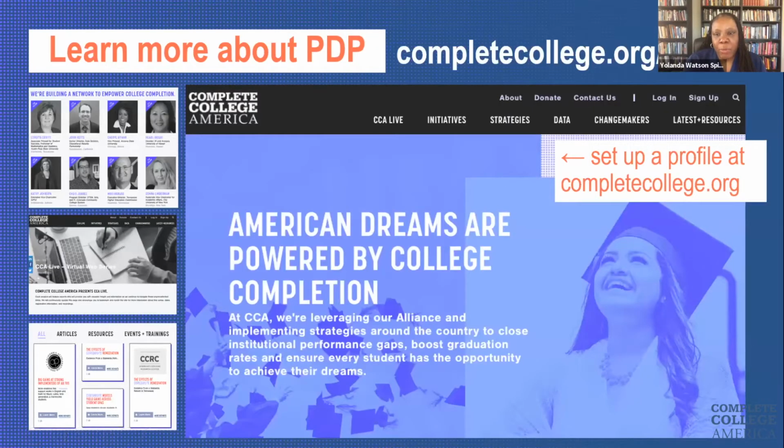So if you want to learn more about the PDP, feel free to join us at completecollege.org/PDP. And if you set up a profile at completecollege.org, it will allow you to get access to all sorts of tools. We have lots of free tools and information that are on the CCA website. The profile will help you get information pushed out to you, have access to our webinars, et cetera.